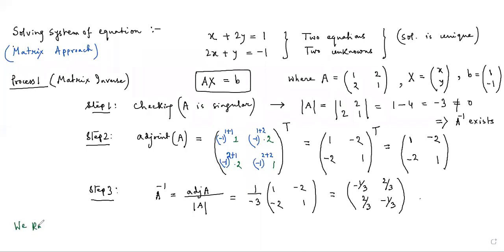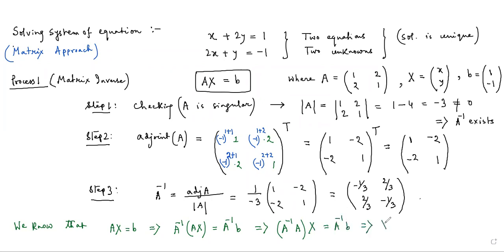We know that capital A into X is equal to B, and since A inverse exists, we can multiply both sides by A inverse as follows, and then we can associate the two matrices A inverse and A together, and A inverse A is the identity matrix. So from there we get X equal to A inverse B. So this is the formula by which the matrix capital X can be found.